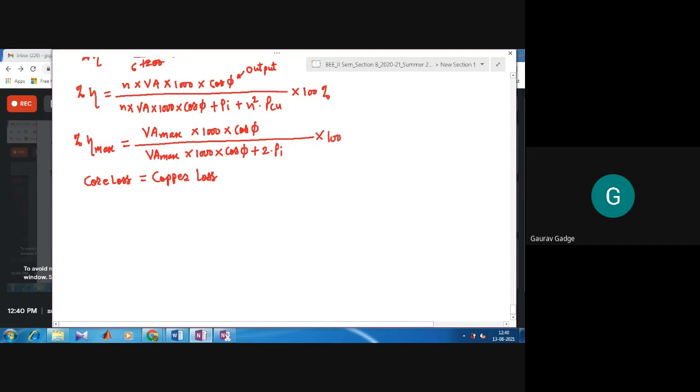So replace that copper loss by iron loss, you get Pi plus Pi, and what is Pi plus Pi? It is 2 times Pi, right? So core loss is equal to copper loss.